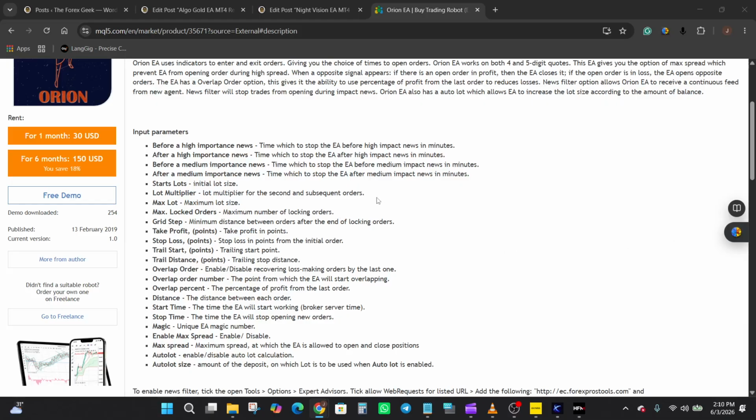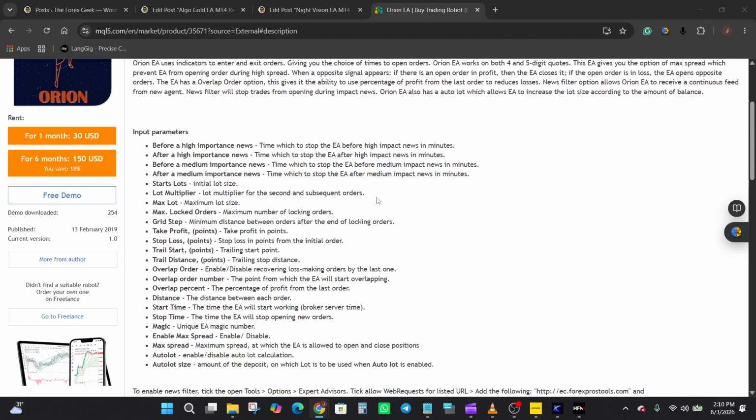The EA can react to opposite signals by either closing profitable trades or opening opposing positions, depending on whether the trade is in profit or loss.